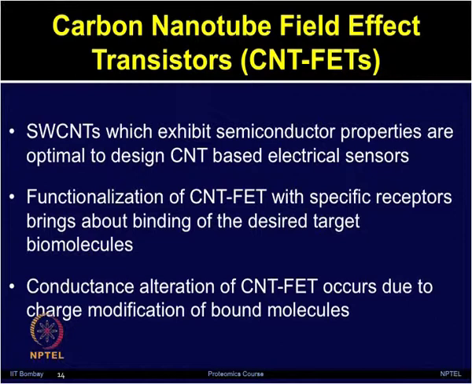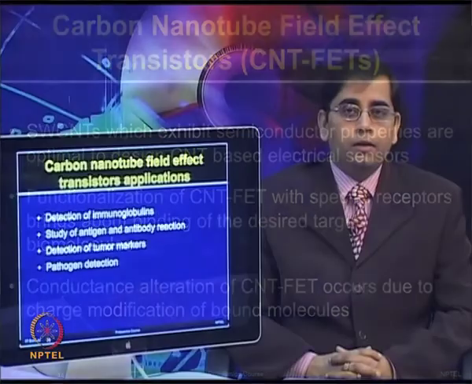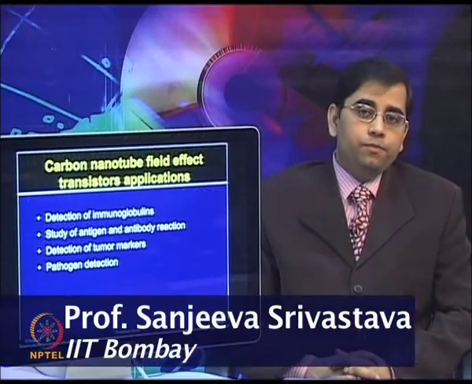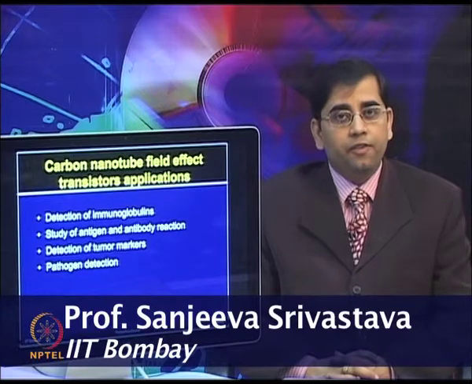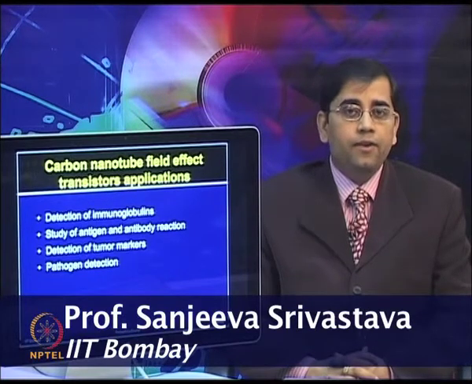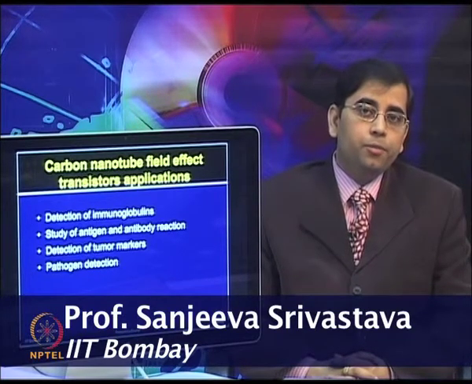If there is specific interaction, if the biomolecules are showing binding, then that binding can be monitored by looking at the change in the conductance. So, the conductance alteration of carbon nanotube field effect transistors occurs due to the charge modification of bound molecules. Again, there are many applications of carbon nanotube field effect transistors. Here we are listing a few based on proteomics application.